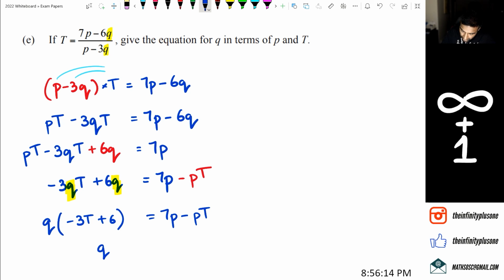So at this point I can actually get rid of the minus 3t plus 6, and that's going to get divided by, and so we're going to get minus 3t plus 6. And I think that's pretty much how you write it. It doesn't matter whether you write pt or tp, and it doesn't matter in the denominator if you have negative 3t plus 6 or 6 minus 3t.